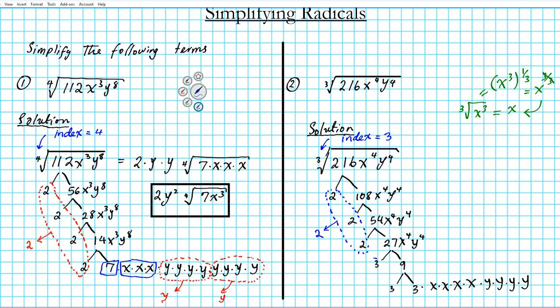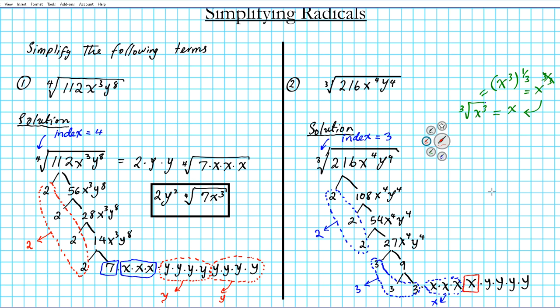This is 3 to the third power, or 27. The cube root of that is just 3, so that will break out as 3. And for the variables, the first 3 x's, x, x, x, break out as x. And this one stays behind because it doesn't have the power to break out.